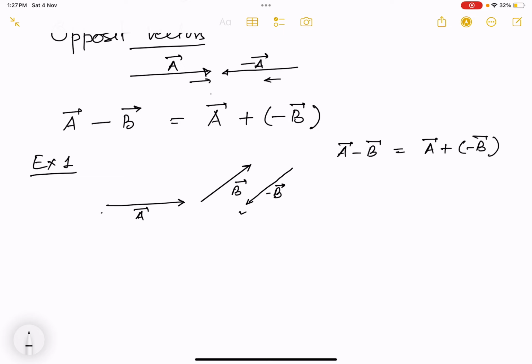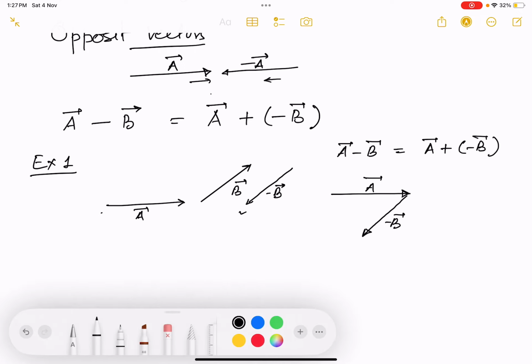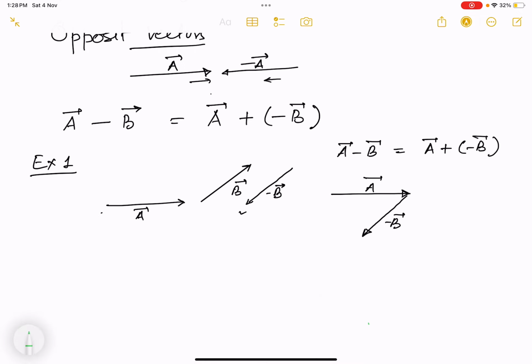So I translate A first. A is translated as it is. Then I translate minus B. The tail of minus B will go to the head of A. This is minus B. You understood? Okay. So how do I get the resultant vector or the sum vector?